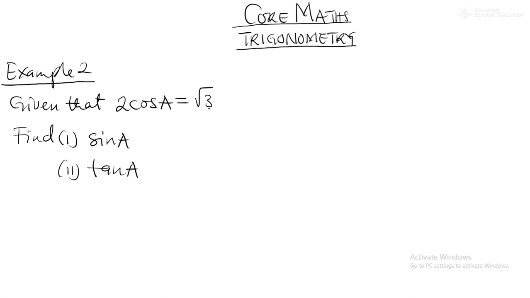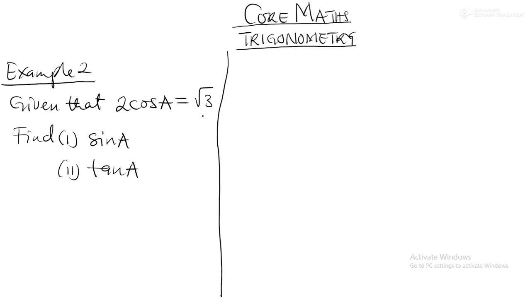Because from cos A, you can get the adjacent and then the hypotenuse. But the opposite is not given. But we are also to find what? Sin A, which will involve what? Opposite. Okay, so we have to use this information given to draw a right angle triangle. Then we use Pythagoras Theorem to find the third side, which is not what? Given. Okay, so let's quickly do that.